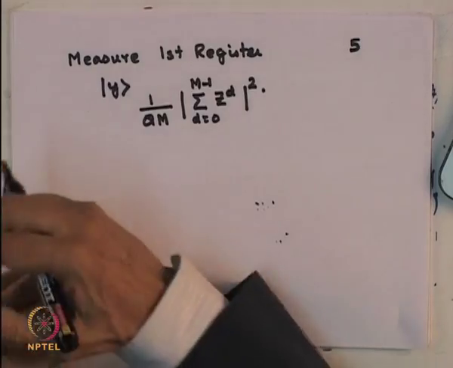We will see in the next lecture that this probability has peaks at particular values of y, which enables us to determine the period p.